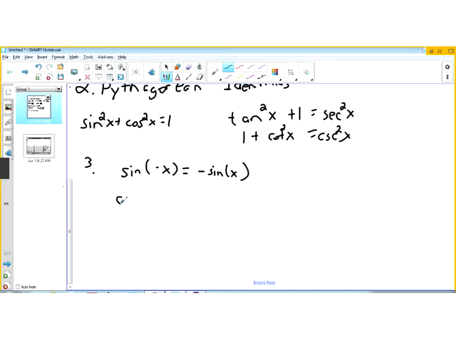And then we know that the cosine of negative x, well, the cosine function is an even function. Okay, and we saw that with the graph as well as the function table. So I should say these are even-odd identities. Sorry, I forgot to label it.